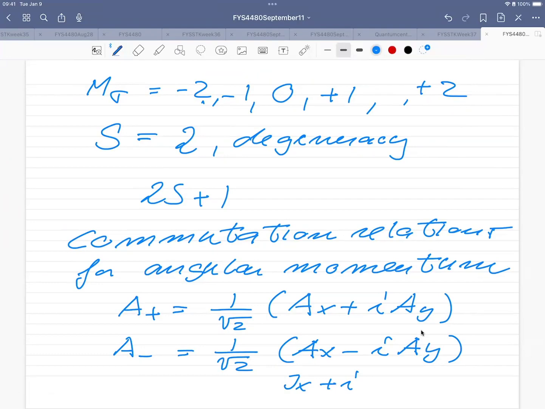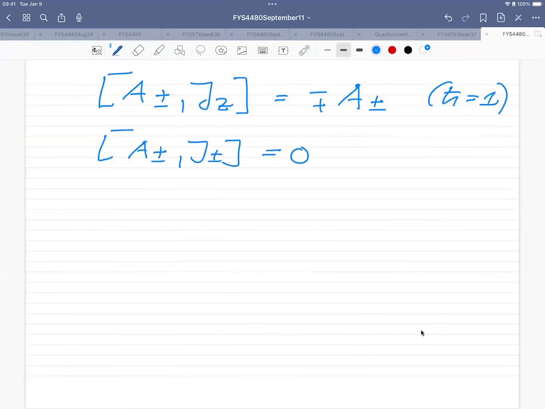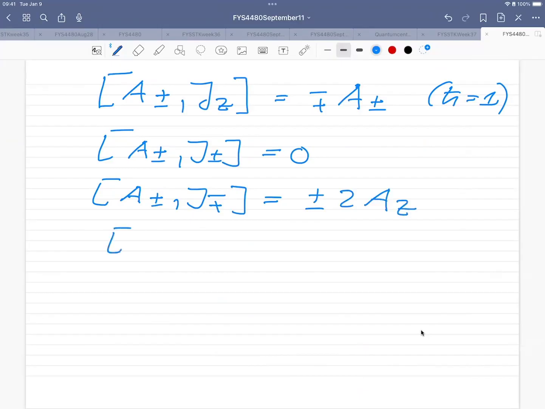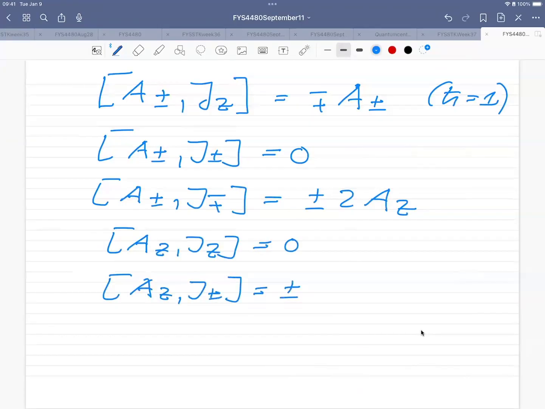No, these are just projections of the angular momentum on a given axis. And we have the commutator between Jz and J plus, and that's plus minus J plus minus. Does that ring a bell from a course in quantum?